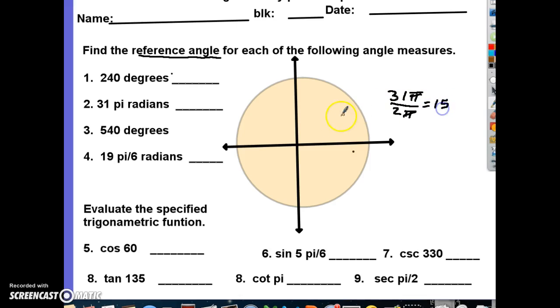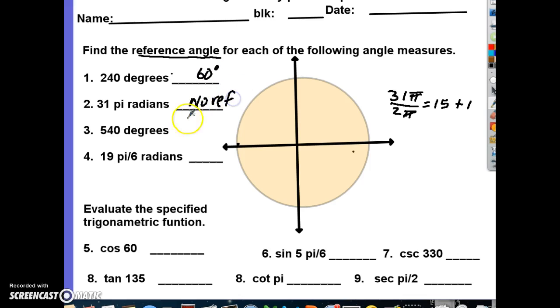So we have 15 times around, and then 1 extra pi. So 15 times around would bring us back here, and then 1 extra pi would bring us to this position here. So right here we don't have a reference angle. It's right on the x-axis here. So this one is 60, I said before, and this one is no reference.